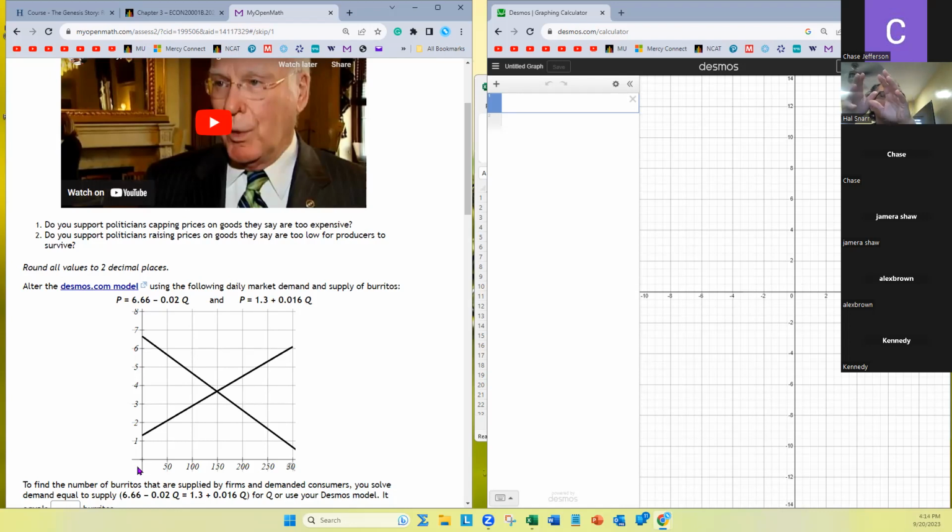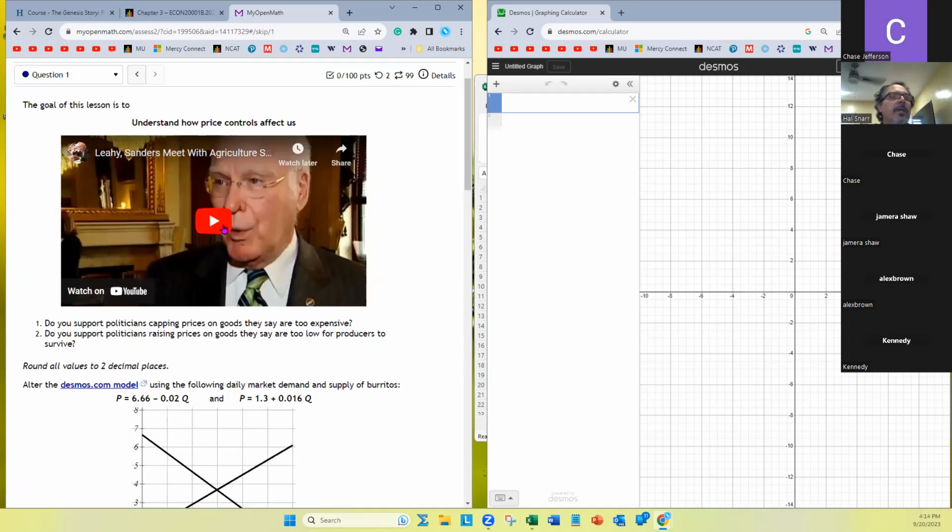This is a situation where government dictates the price and sets it and then makes it illegal to charge prices above or below it, right? So it says this is the legal price. And it can create a shortage or a surplus, right? And this video here is a price support plan by politicians.